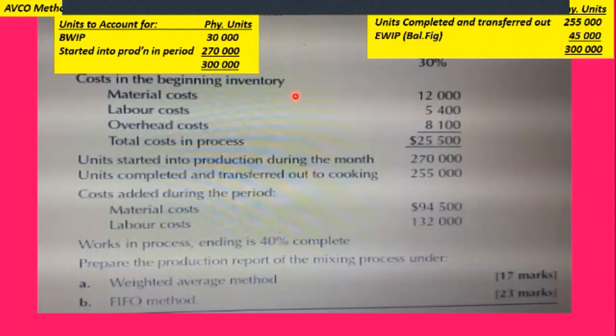And we bring across the 300,000 again as here, and we will get the closing work in process as 45,000. Now, we need to do that here because we are not given the amount of physical units that are 40% complete for the work in process. So we need to calculate it. When it is given, you just add it on and it should add back to this total here, right?